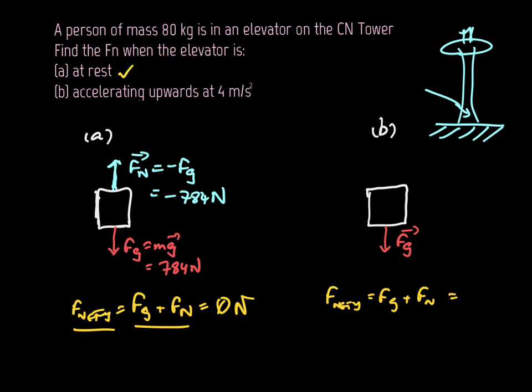So we've got this one done here. What about B? B is accelerating upwards at 4 meters per second squared. So now we do actually have an acceleration, and that acceleration we're told is 4 meters per second squared. And so that's useful because we know that the Fnet y value is now not equal to 0. It's equal to the mass times acceleration, which is 80 multiplied by 4.